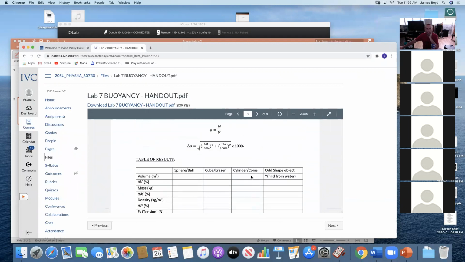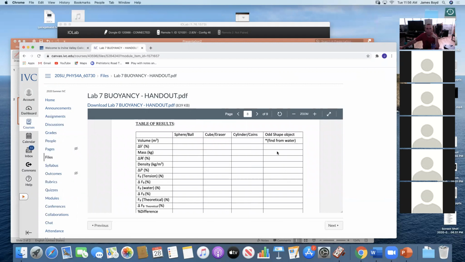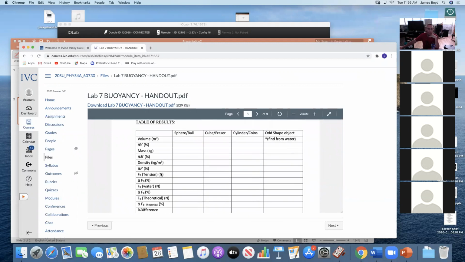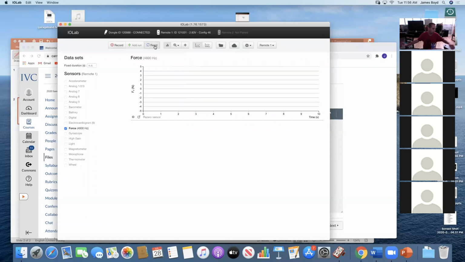And finally, the last thing that you need to do for a few of these is I want to know the density here. So the density of the odd-shaped object, the only way you're going to be able to do that, and we'll go over this again, is by finding the volume of the water.